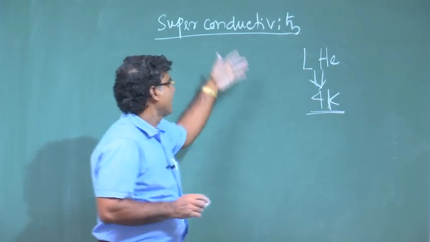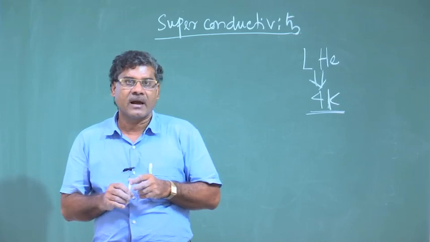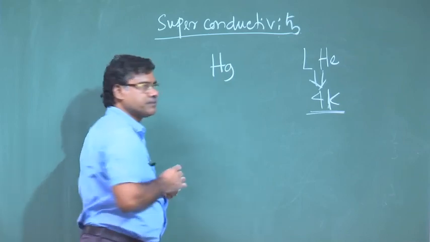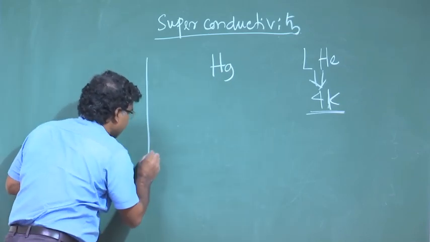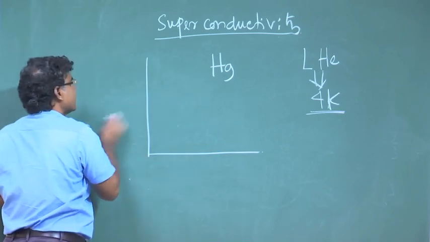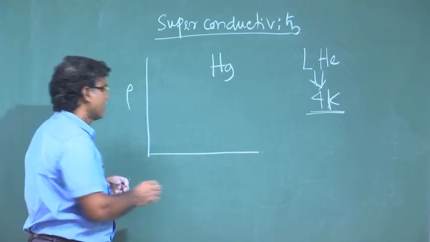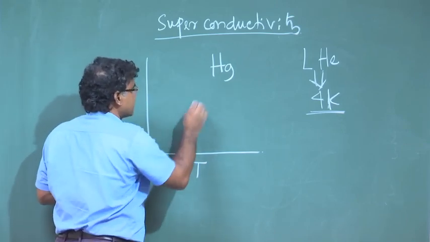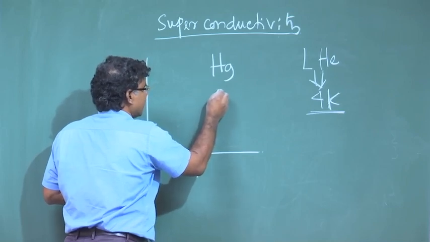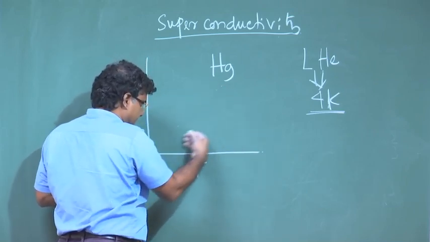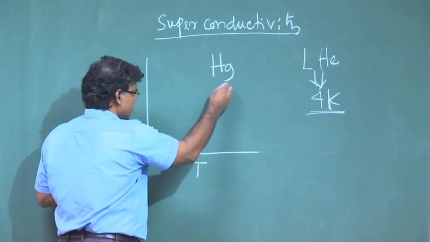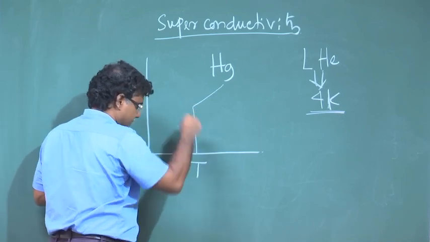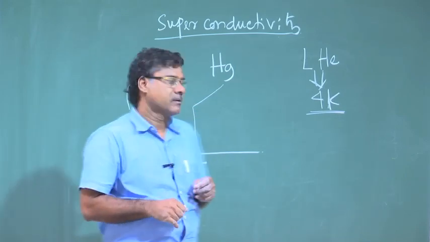So, superconductivity was first discovered at 4.2 Kelvin in mercury, Hg. Okay. When the resistivity of mercury was measured as a function of temperature, its behavior was changing. When temperature is decreased, it was changing like this, and then suddenly it jumps, it comes to zero resistivity.